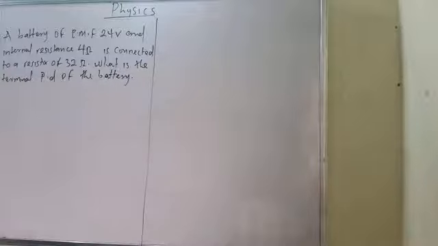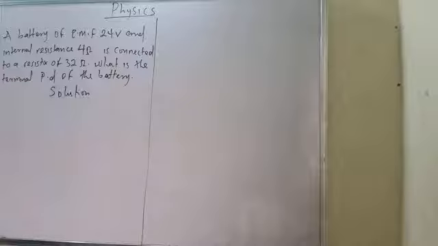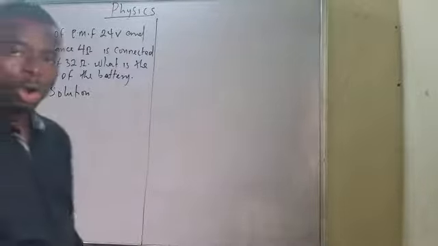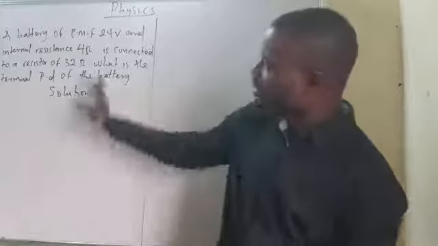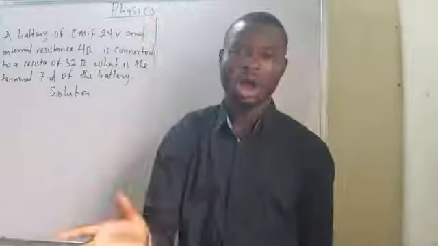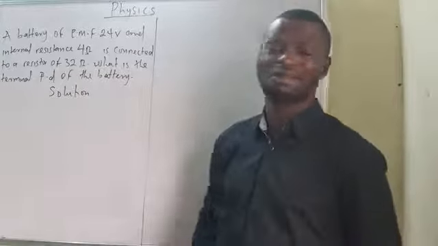Now, I have this particular problem to work on, which you can be given anywhere. It's a very simple one, but how do I solve it? Let's go. Solution. Whether you are asked to draw your circuit or not, it's advisable to start solving your problem by drawing your circuit. Very, very important. Please take note of that.